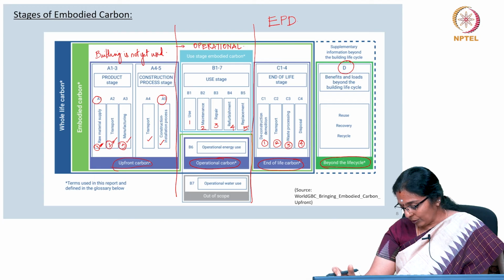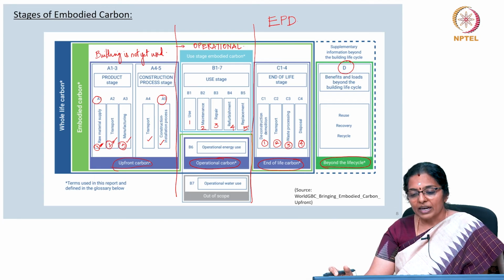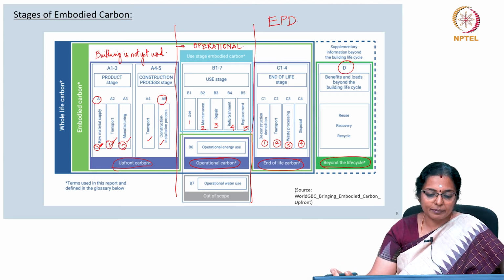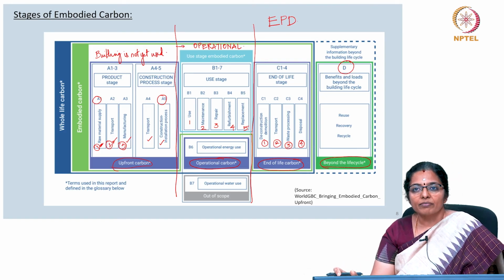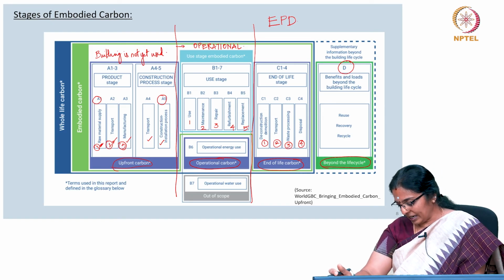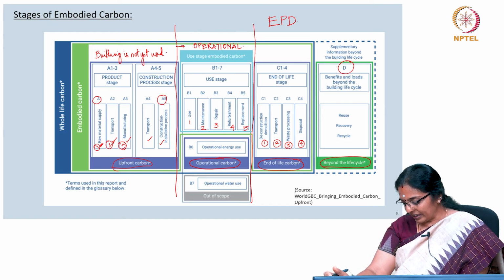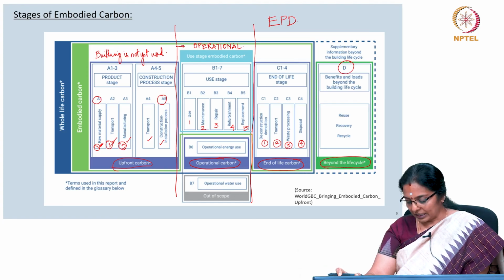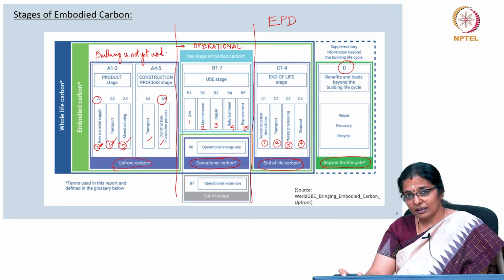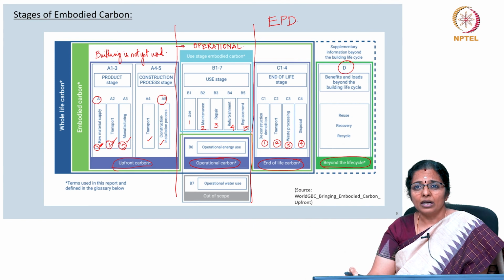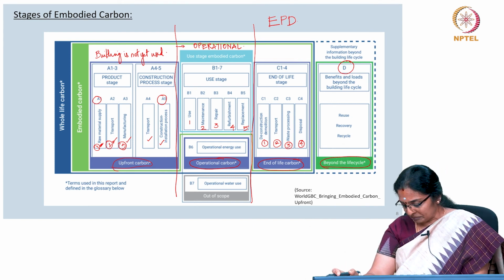So, you are now learning two things. LCA is life cycle assessment and EPD is environmental product declaration. So, in an EPD, sensitive product information is not given out, which is done in LCA.